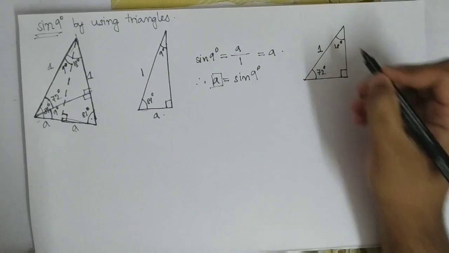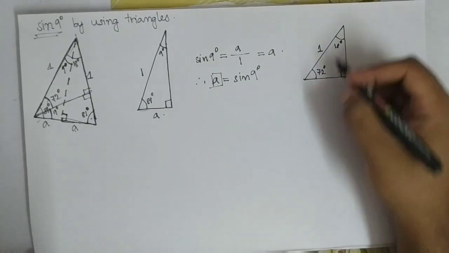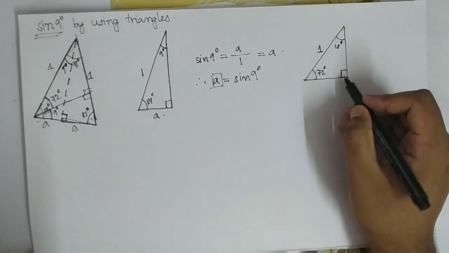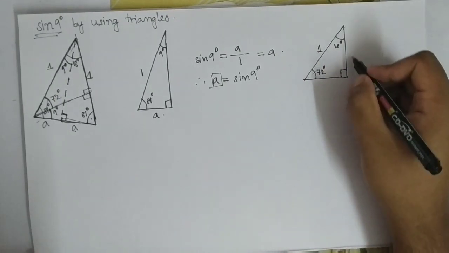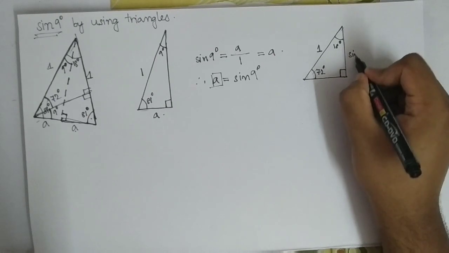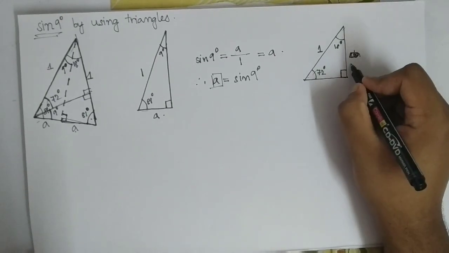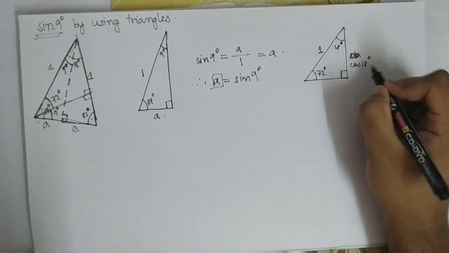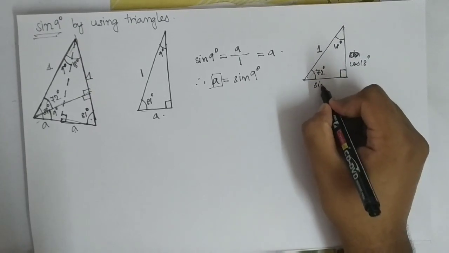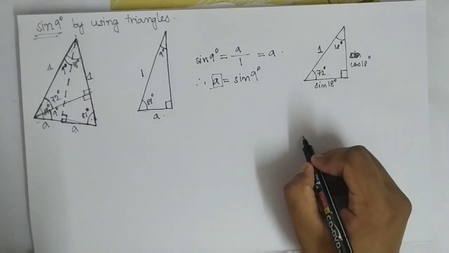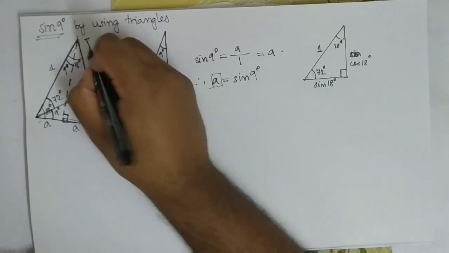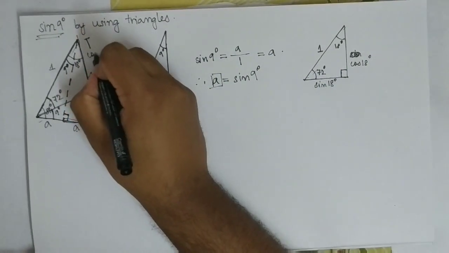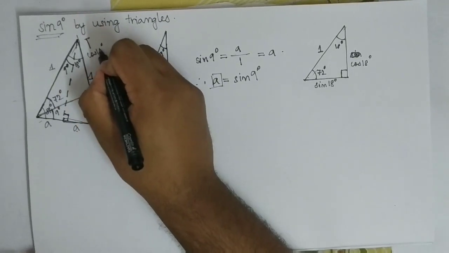So this is 1 unit. Now this is 1 unit and this is a right angle triangle. So this is going to obviously be cosine of 18 degrees, while this is going to be sine of 18 degrees. So now I know from this figure, this is cosine of 18 degrees.